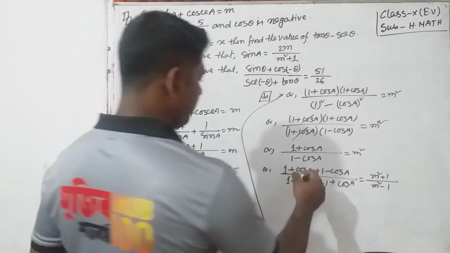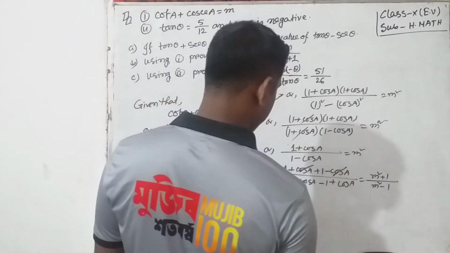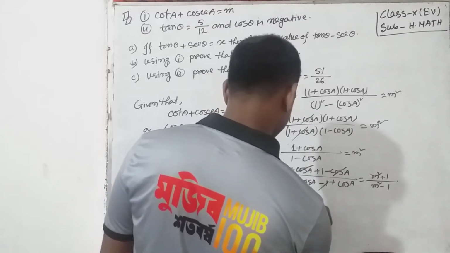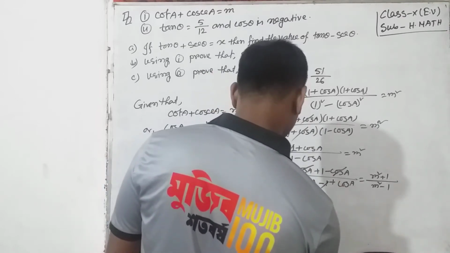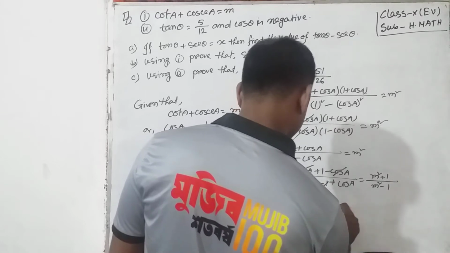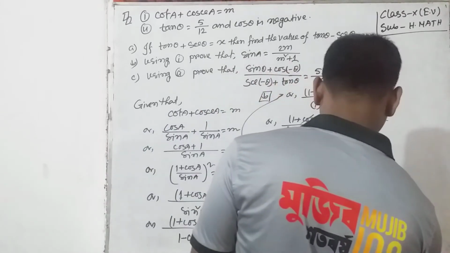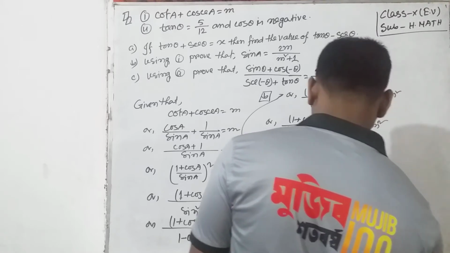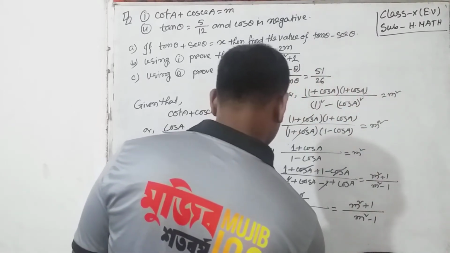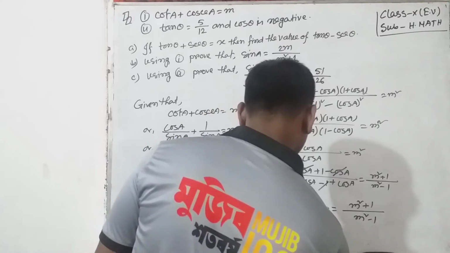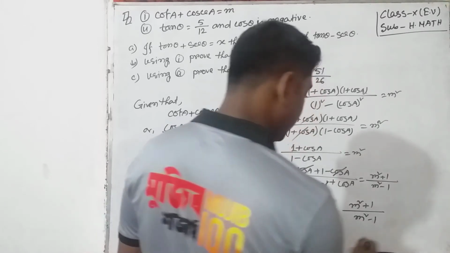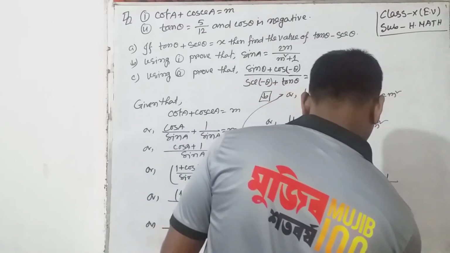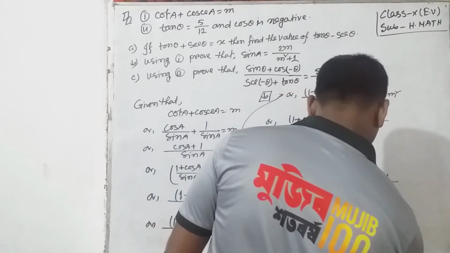Cos A cancels, 1 minus 1 cancels, so we can write 2 by 2 cos A equal m square plus 1 by m square minus 1, the 2 cancels, or 1 by cos A equal m square plus 1 by m square minus 1.